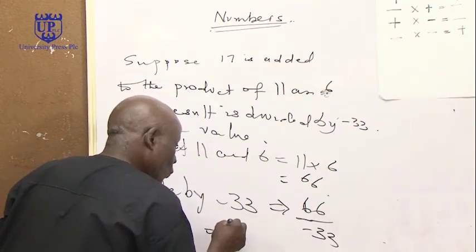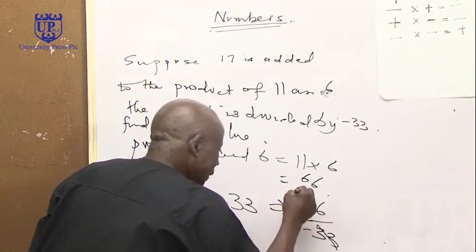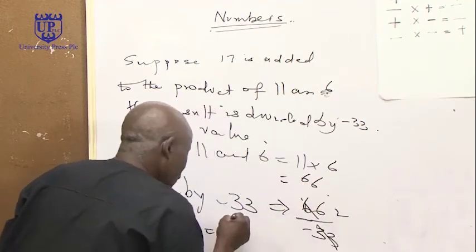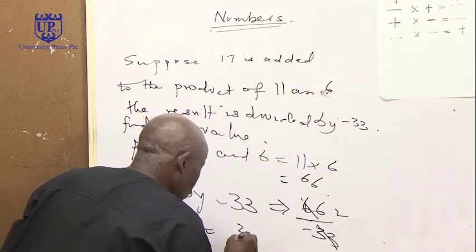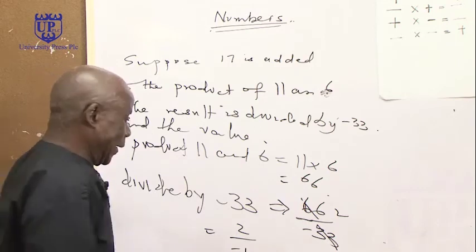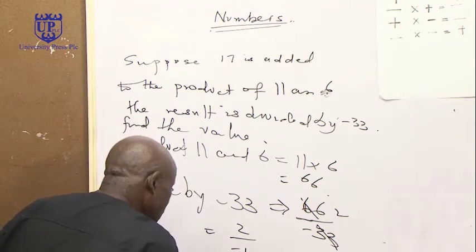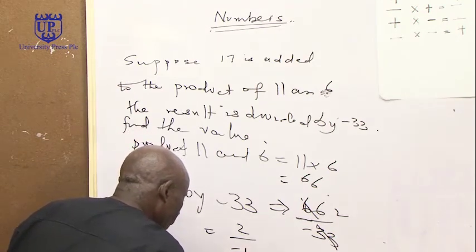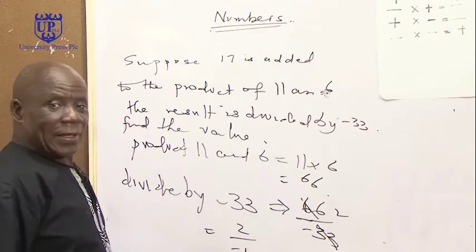And that is this one here 1, this one here 2. You can't say 2 over minus 1. You don't leave it like that. This is minus 2. It carries a negative sign.